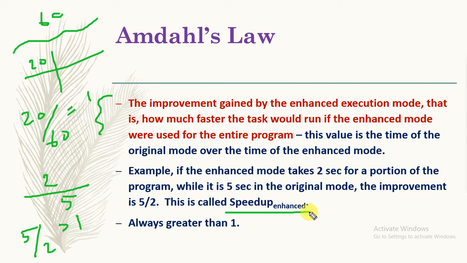That is 10 divided by 5, which is 2, or in the earlier case 5 divided by 2, which is 2.5, a value greater than 1. We need to use these two factors for applying the Amdahl's law formula, so we must understand what the fraction enhanced is and what the speedup enhanced is.